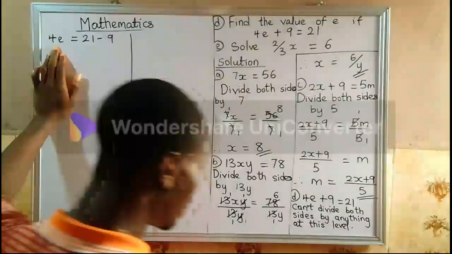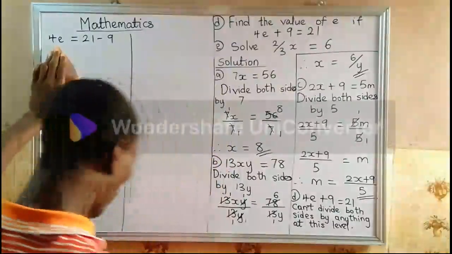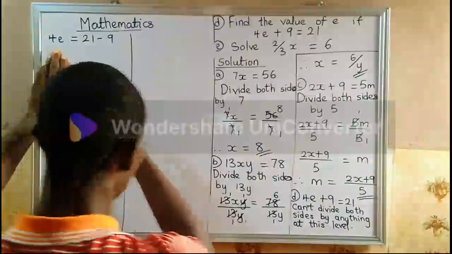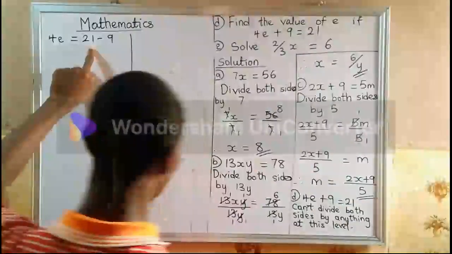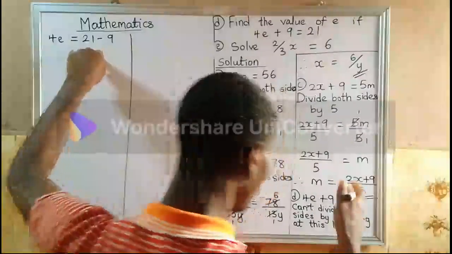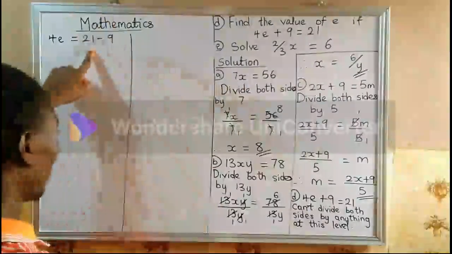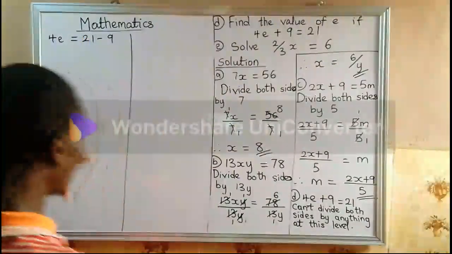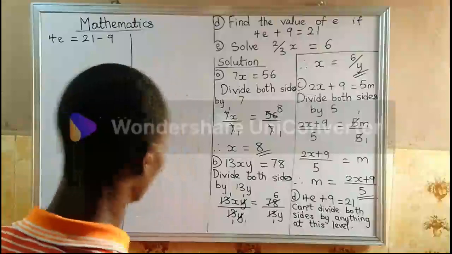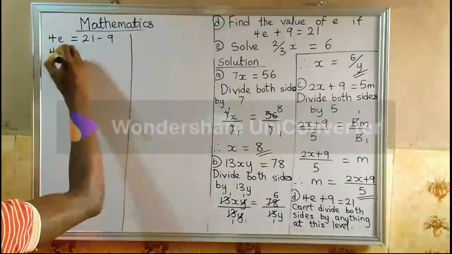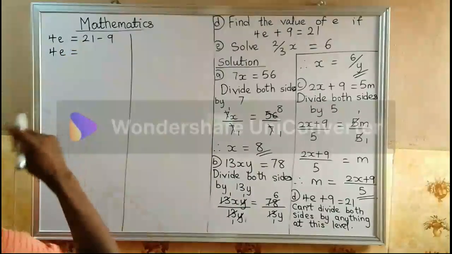You notice that 4e is not crossing the equals to sign, it is still on the left hand side of the equation. 21 also is not crossing the equals to sign, it is still on the right hand side of the equation. So it's only 9. From plus 9 it changes to minus 9. So let's proceed. So we have 4e equals 21 minus 9.